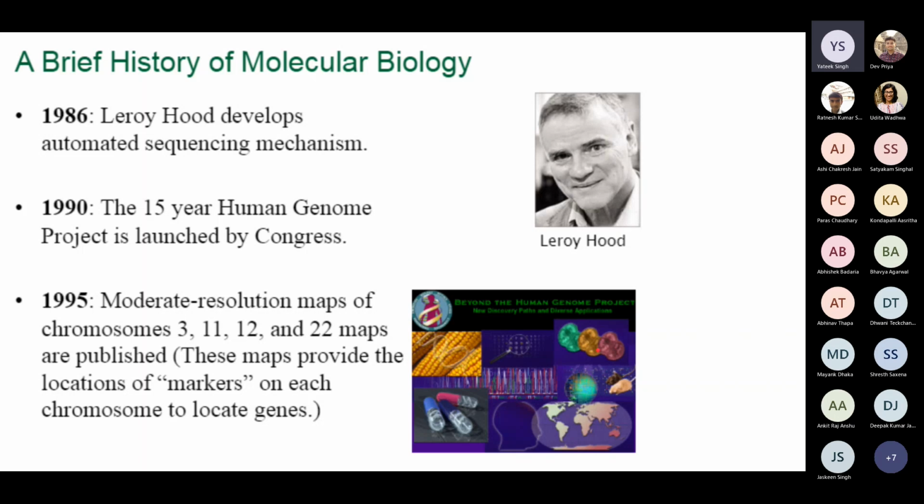This technique of sequencing allows you to look at the composition of a DNA molecule. And because an RNA molecule is nothing but a copy of the DNA molecule, this allows you to also look at the composition of an RNA molecule.